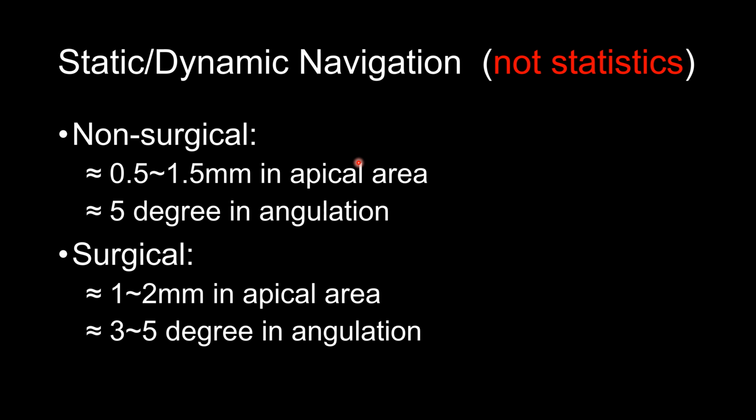After I reviewed all these papers, this is my opinion, but it is not statistics. In non-surgical cases, we got about 0.5 to 1.5 millimeter deviation in the apical area and 5 degrees in angulation. In surgical cases, we got about 1 to 2 millimeter deviation in the apical area and 3 to 5 degrees in angular deviation. Just about this.